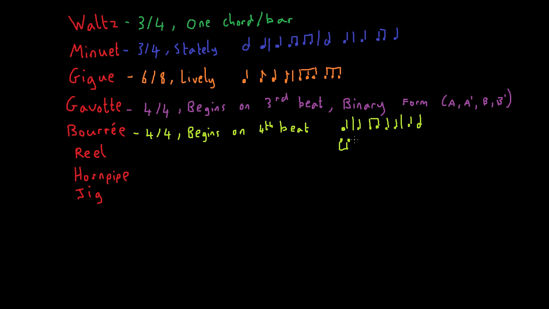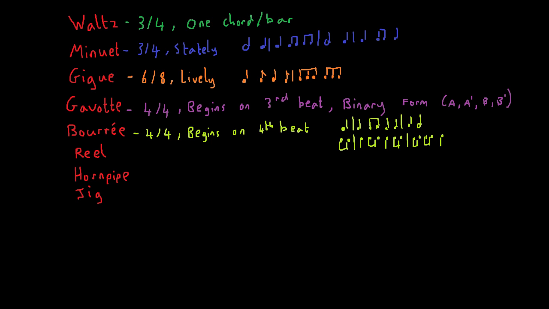You've got 2 quavers as your upbeat. Then you've got crotchet, 2 quavers, crotchet, 2 quavers. You've got your next bar line, and then you've got 4 quavers and a crotchet. Those are the 2 main rhythms used in a bourrée.